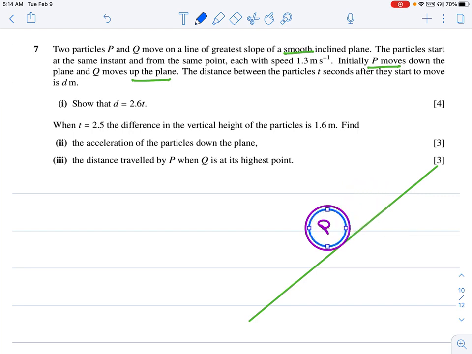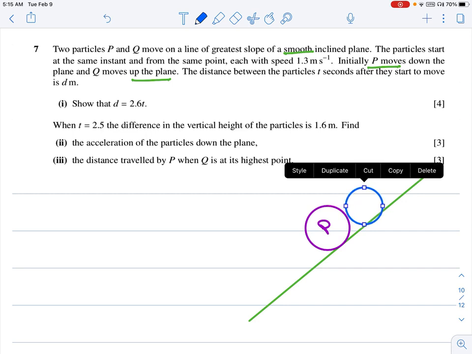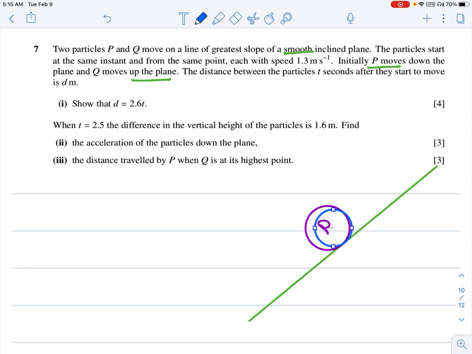So we can say that it is like this. I can consider one inside the other, but it's not possible to understand, right? So I'm thinking that it is over here. Or else I can consider particle Q, which is blue in color. They are at the same position.